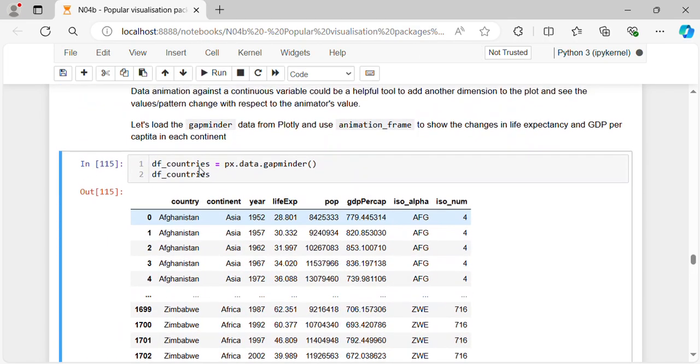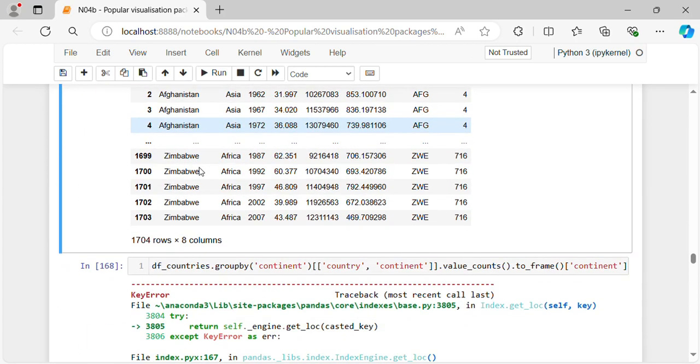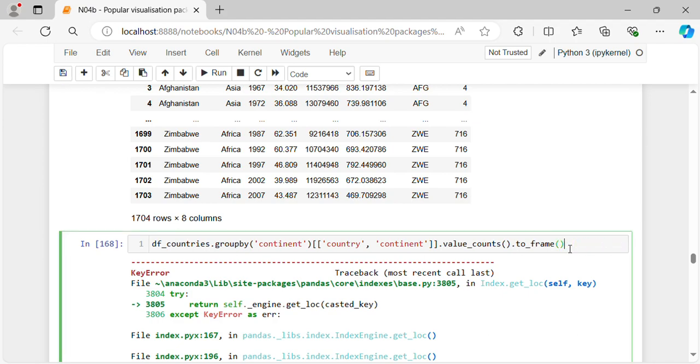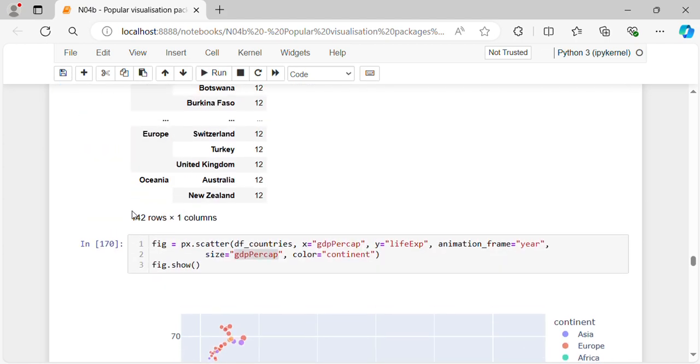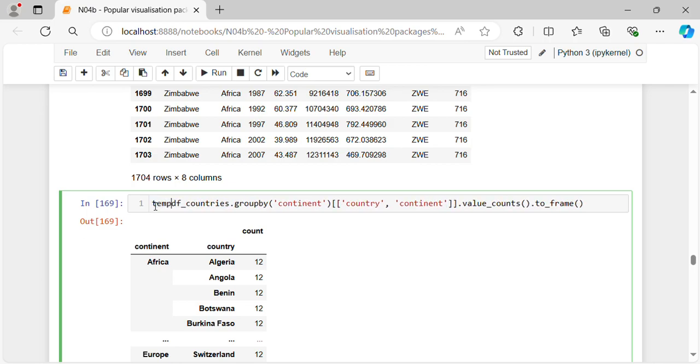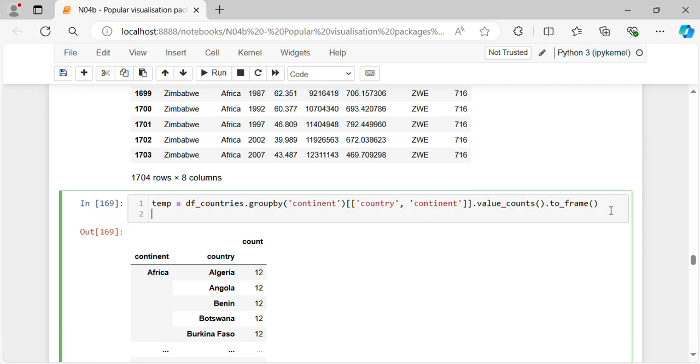Let's see. No. So to frame, this will give us the data frame. Let temp equal to this. Let's run this.